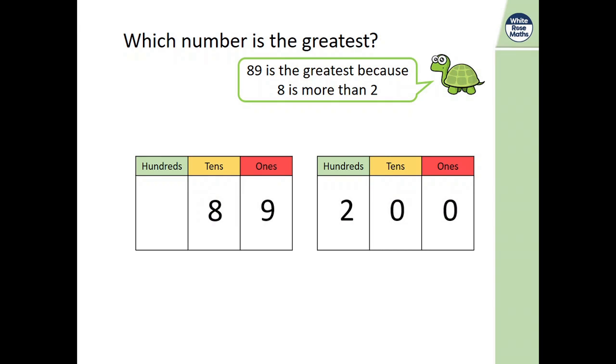What do you notice? If we look in the hundreds columns, the first number, 89, has no hundreds at all in it. But the second number, 200, has got 2 hundreds in it. So we can see that 200 is the greater number, bigger than 89.